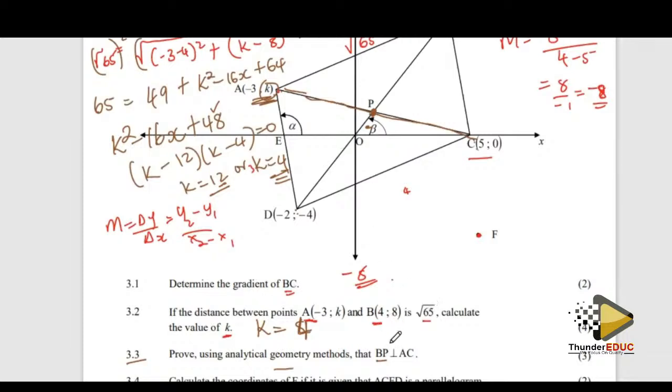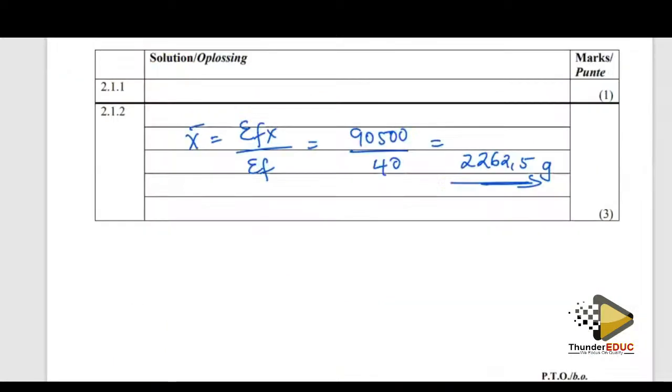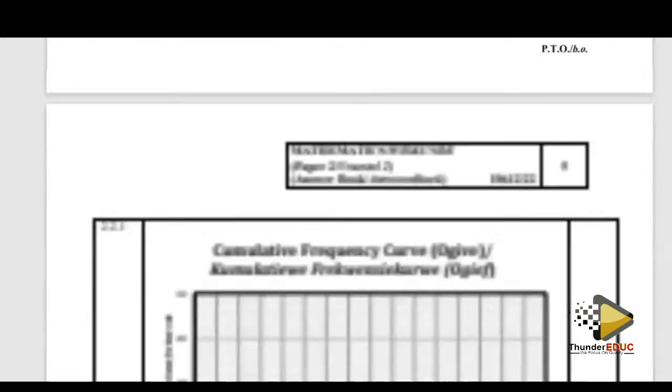But what we know about perpendicular lines is that the gradients, which means the gradient of BP times the gradient of AC, must give us a -1. So this is the condition that we should aim at. Okay. So I'm going to say the gradient of BD, let me use BD.